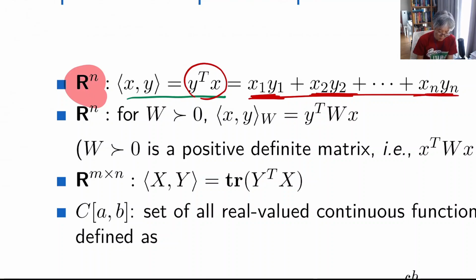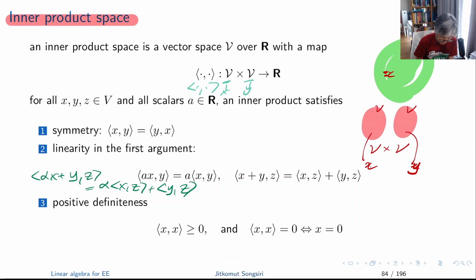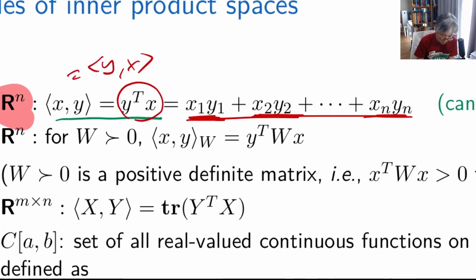You can see that it's very simple that the symmetric property is satisfied. This is equal to y comma x. You can see that all of the three properties here are satisfied, especially the last one.